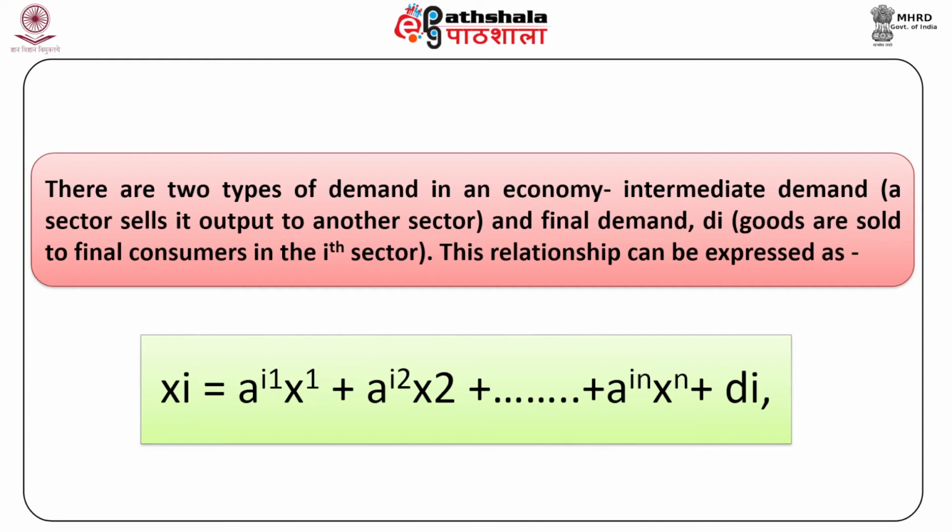Now this relationship can be expressed as Xi = Ai1 X1 + Ai2 X2 + ... + Ain Xn + Di, representing total output in an economy with the single product equals intermediate product plus final output.